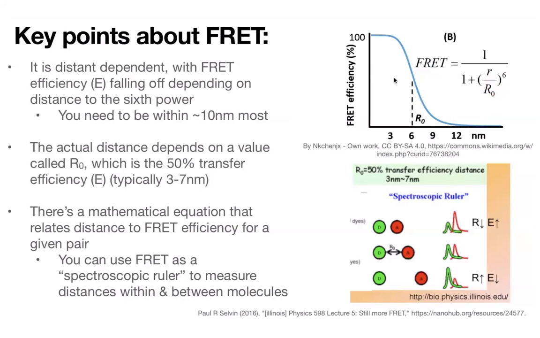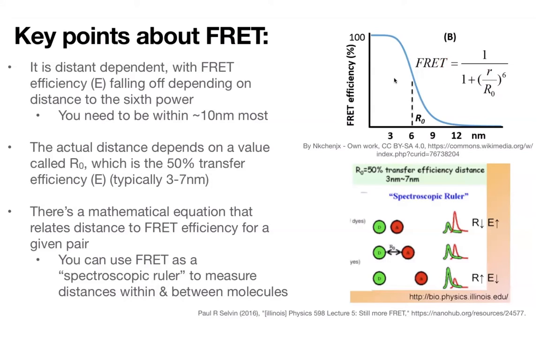What I just need you to know is that it scales to 1/r⁶. So as you move away, you quickly drop off in FRET. Because there's this actual relationship, and there are a lot of variables that go into these numbers, people can mathematize those variables and figure out r, the distance between these molecules, just by measuring the FRET.